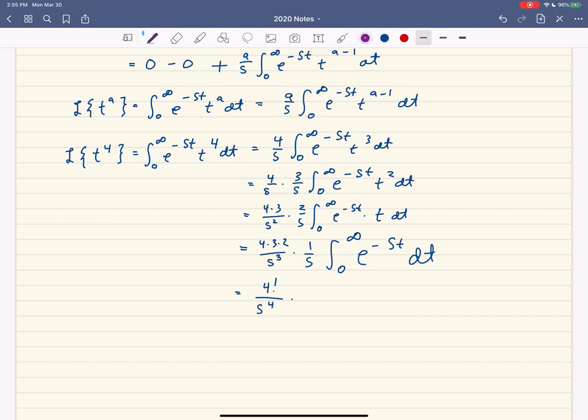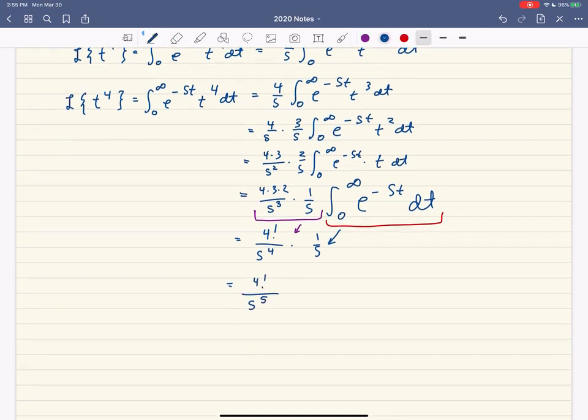Just to be clear about where everything's coming from, that's 4 factorial over s to the 4th. This integral from 0 to infinity, e to the negative st dt is 1 over s. So it's going to be another 1 over s. And altogether that's going to end up being 4 factorial over s to the 5th.